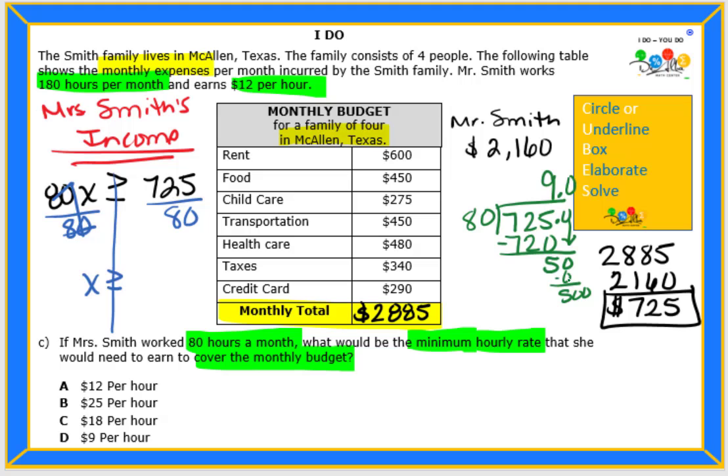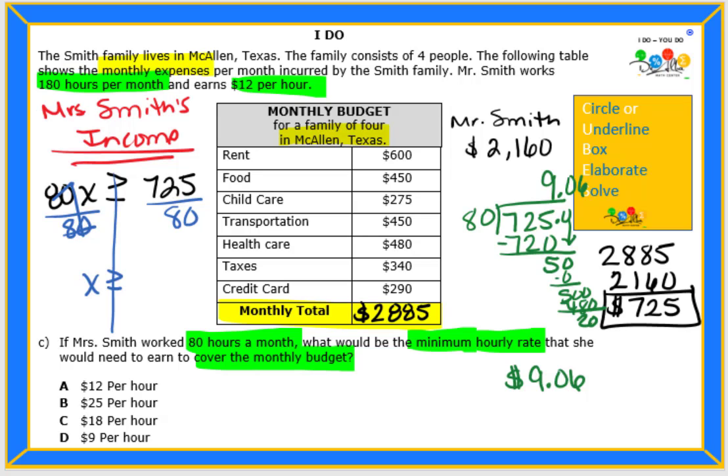And we would add another 0. And then 8 goes into 500. We're going to say 8 times 6 is 48, so 6. That would be 480. We can keep going, but we're going to stop right here. So right here, I have about $9.06.